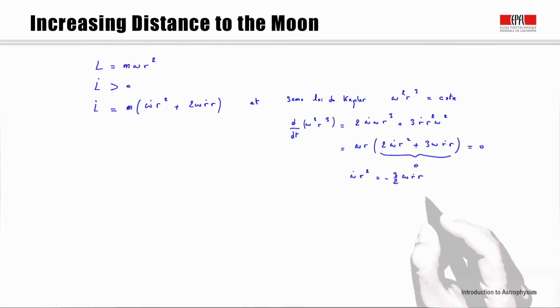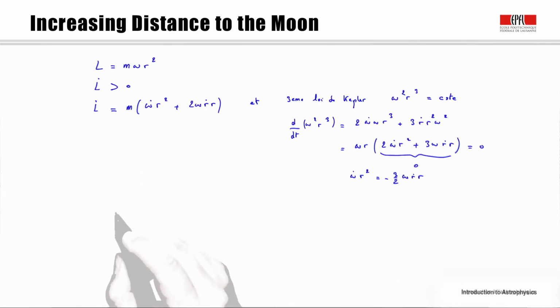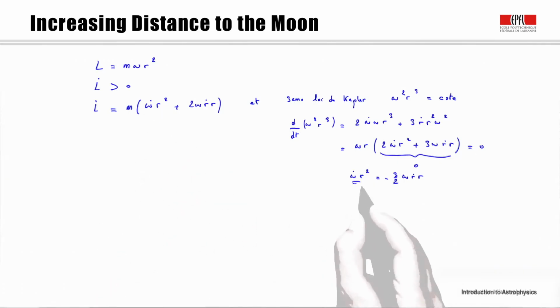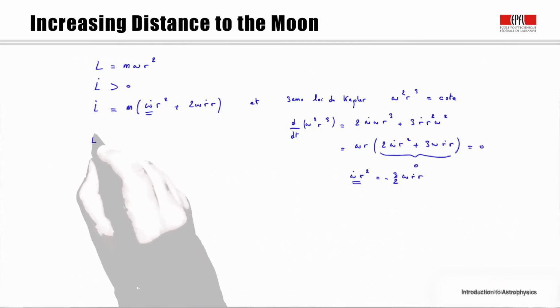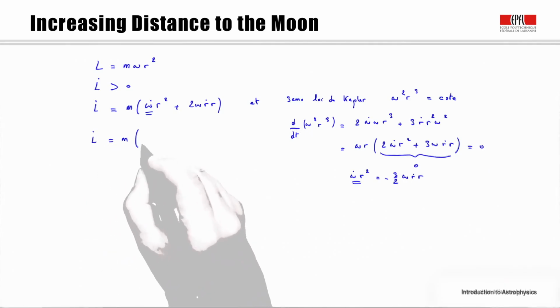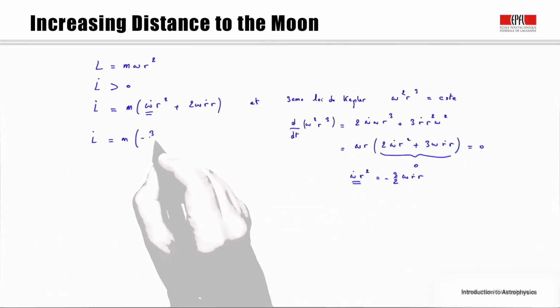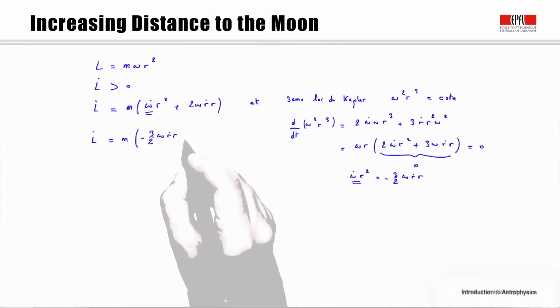This equation will be used to replace ω dot r² in this formula. This leads to L dot equals m times minus 3 divided by 2 ω r ṙ plus 2 ω r ṙ. Finally, L dot equals 1 divided by 2 m ω r ṙ.